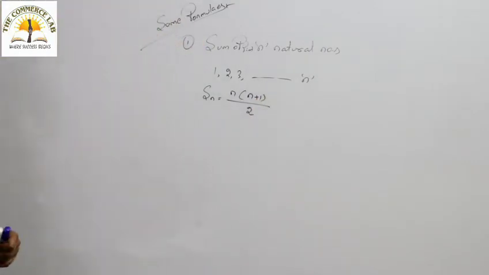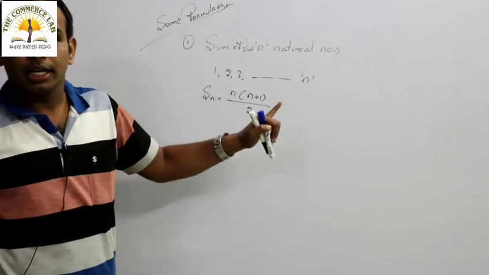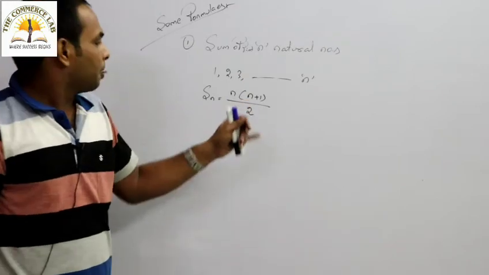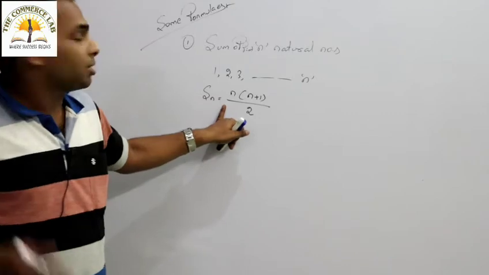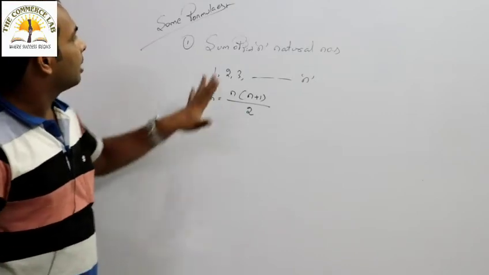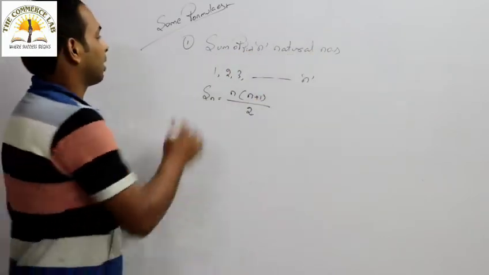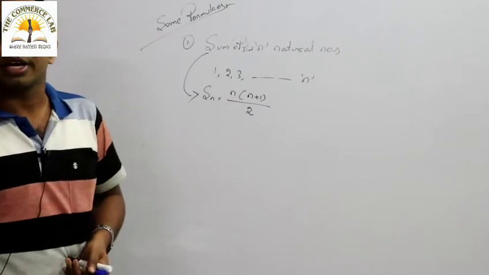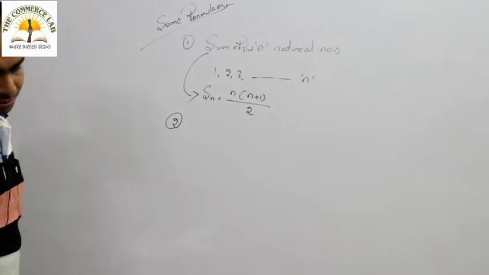By using this formula, we find Sn equal to n into n plus 1 by 2. If the sum of first n natural numbers we calculate, then Sn equal to n into n plus 1 by 2. Okay. Then come for the next one.